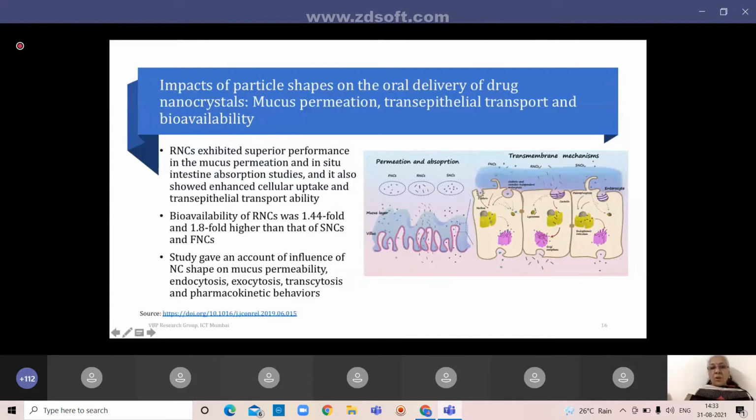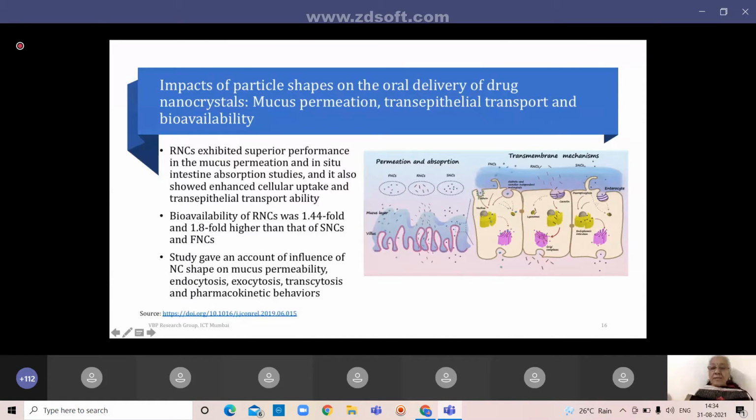All of you must know the ex vivo studies we do, the inverted sac methodology. Those studies indicated that when you compare flake-like, spherical and rod-like nanocrystals, it is the rod-like ones which interact well with the mucus layer. They also gave better bioavailability than spherical and flaky crystals: 1.44-fold higher than spherical and 1.8-fold higher than flake-like nanocrystals.